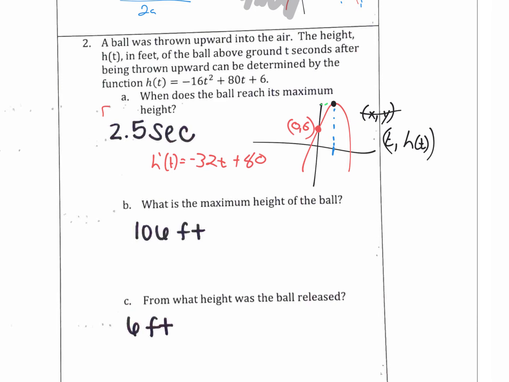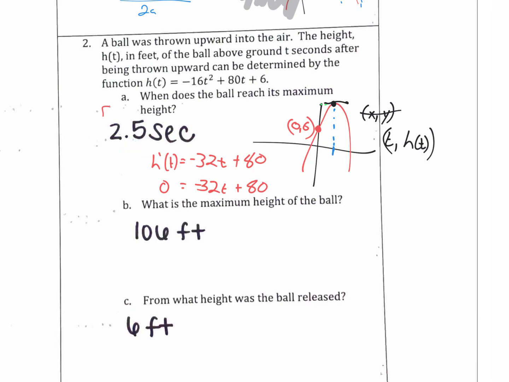If I use what I know about the maximum having a tangent slope of 0, I could set my derivative equal to 0 and figure out at what t value is the slope of my tangent line 0. When we solve that out, we'd get a t value of 2.5 seconds.